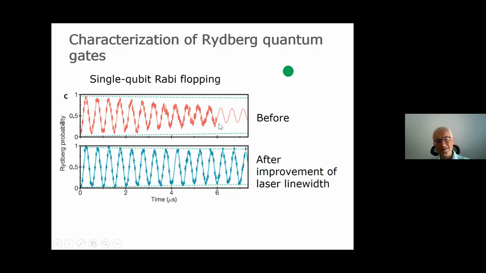We found that our laser frequency noise contributed strongly, even though this laser was already stabilized to an ultra-stable low expansion cavity. But after improving the laser line width and using the light transmitted through the cavity and then amplifying that light, we could have single-qubit Rabi flopping that was really respectable. After many microseconds, we didn't see much decay of the system.